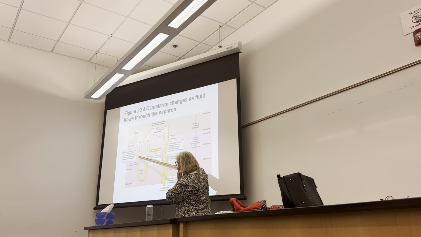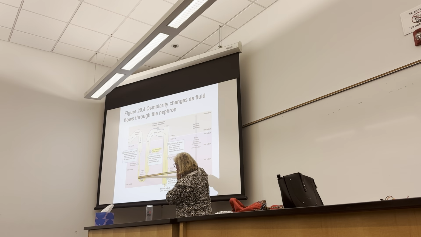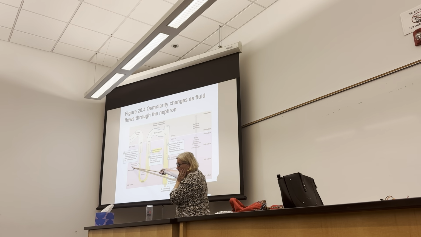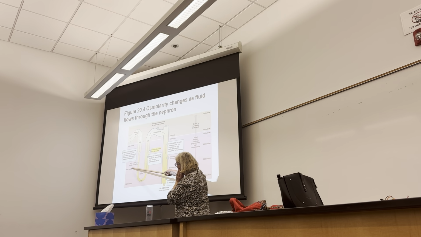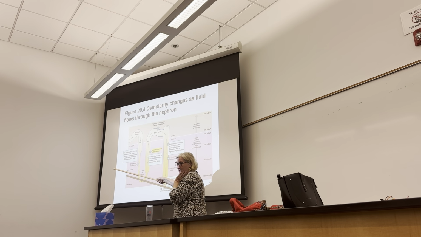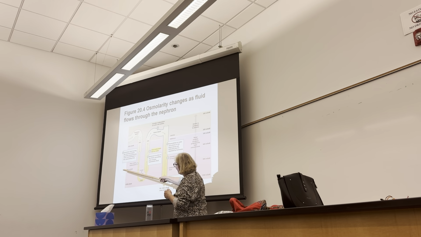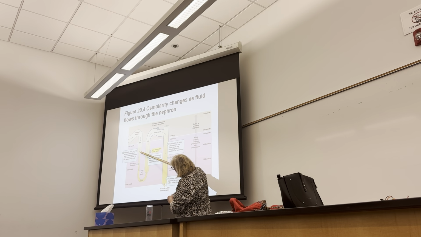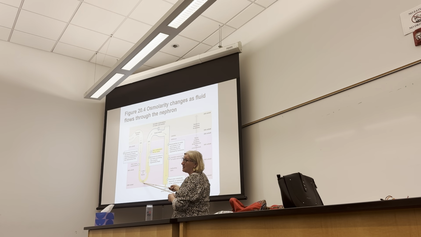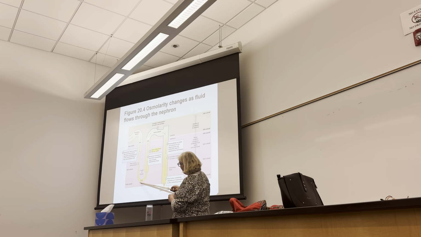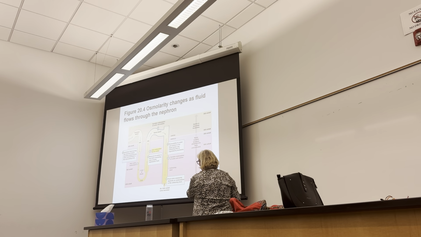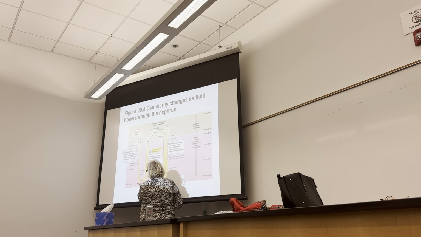As the water leaves the descending loop of Henle, when it says reabsorb, you need to understand that it means from ECF to capillaries, even though they don't draw the capillaries here. See how the filtrate becomes more and more concentrated? It goes from 300 all the way to 1200 milliosmoles. So it's about equal to the medulla osmolarity at this point, because water is not really invited to leave anymore.